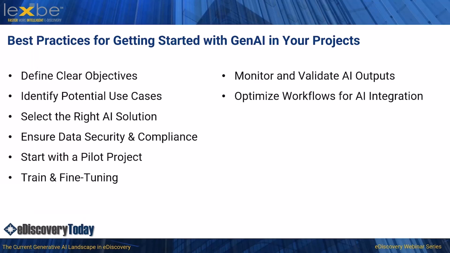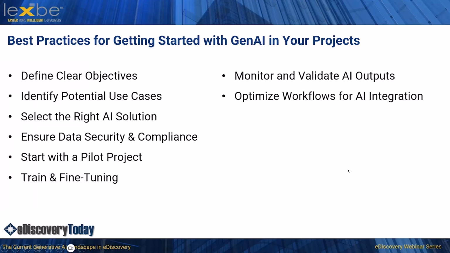You can do things like standardized metadata tagging for better AI-driven organization, and apply it to things like early case assessment. You can certainly have some optimized workflows at the beginning of the case as well as well into the case to really identify key documents quickly.